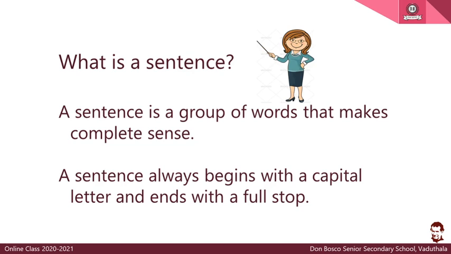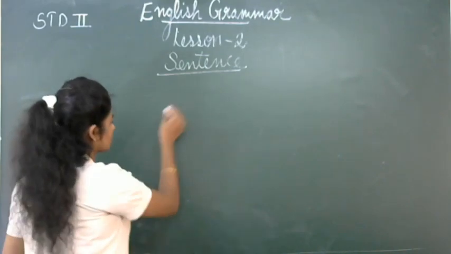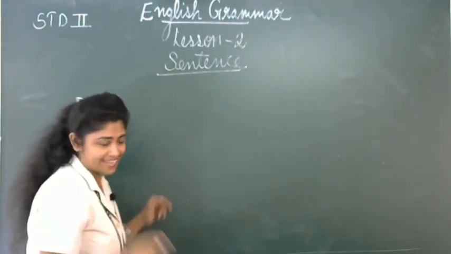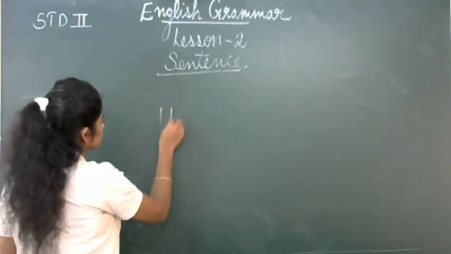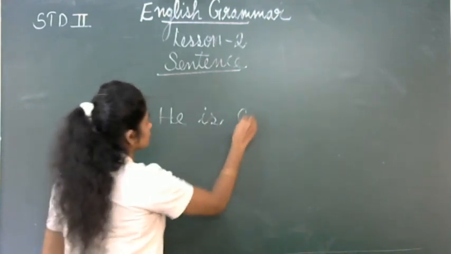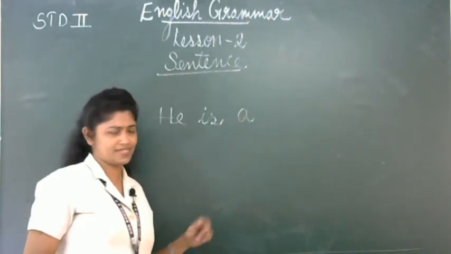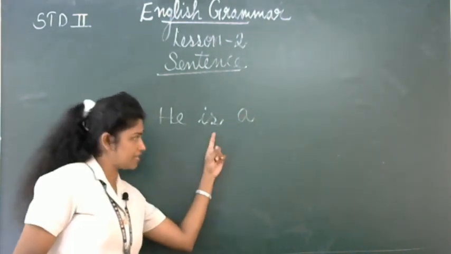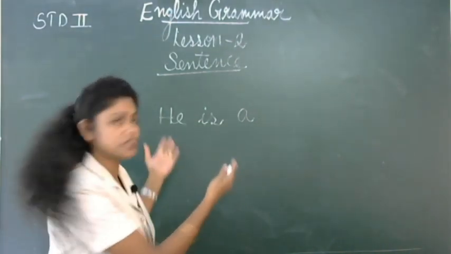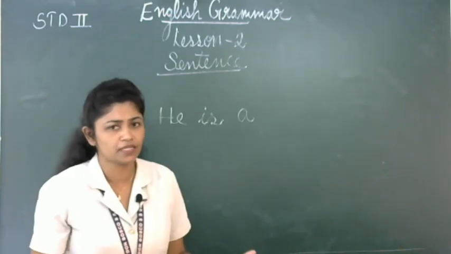Please look at the board now. Okay, I'm going to write something here. You have to read that. Can you please read this? He is a. Did you understand anything? They are also a group of words. Did you understand?